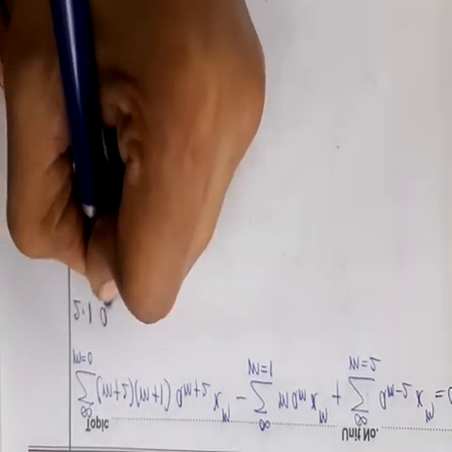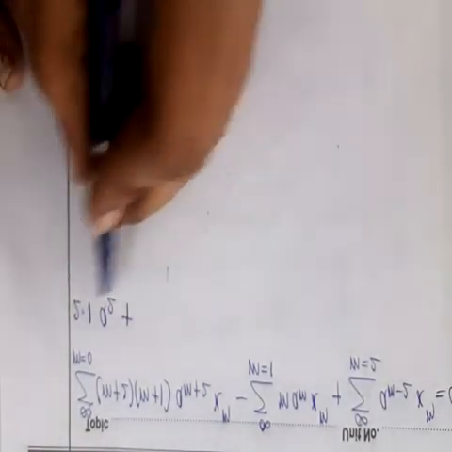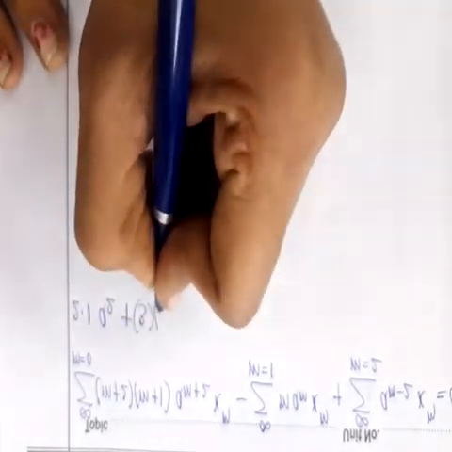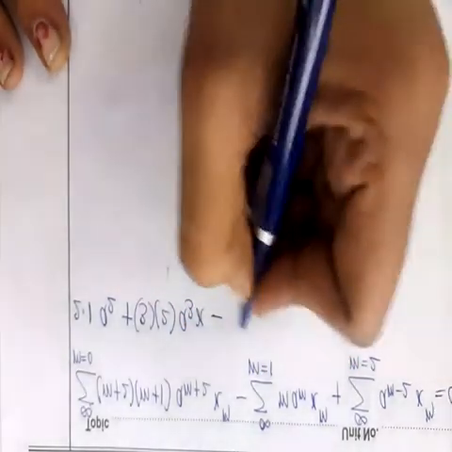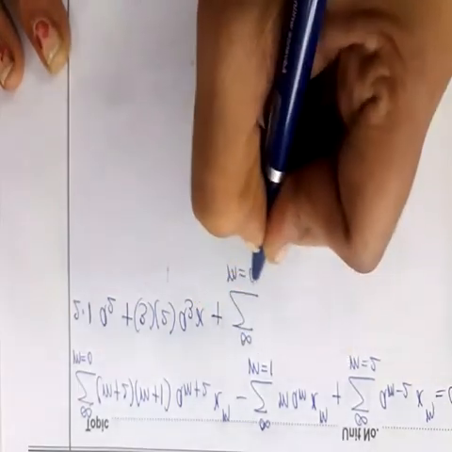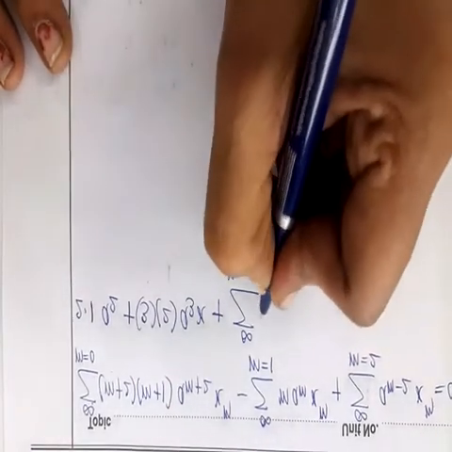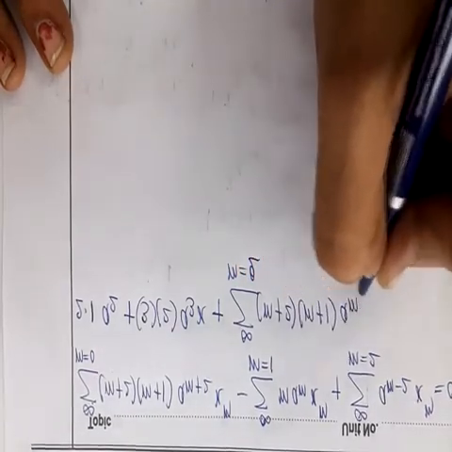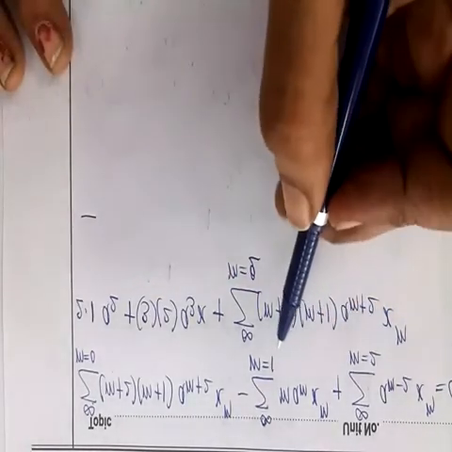With m equal to 0, a2 x to the power 0 is 1, and m plus 1 is 1, so 1 plus 2 is 3, and 3 multiplied by 1 plus 1 is 2, giving a3 x, plus the summation m equal to 2 to infinity of (m plus 2)(m plus 1) a of m plus 2 x to the power m, minus the next term, which starts from m equal to 1.